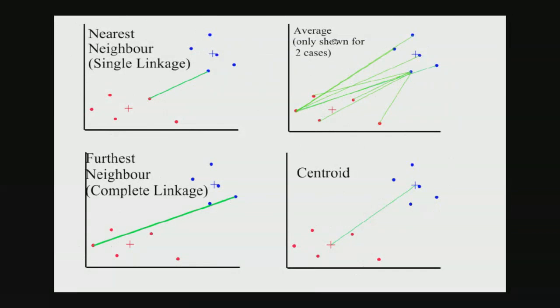So the average and the centroid linkage are different. One is to calculate all the pairwise distances and then get the average. The other one is to calculate the average first and then get the distance.